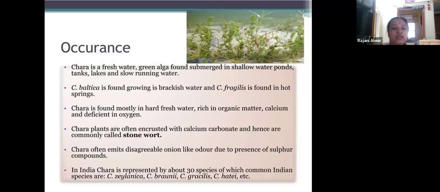In India, Chara is represented by about 30 species. Common Indian species are Chara zeylanica, Chara burmanica, Chara gracilis, Chara hetei and so on. These are the Indian examples for Chara.